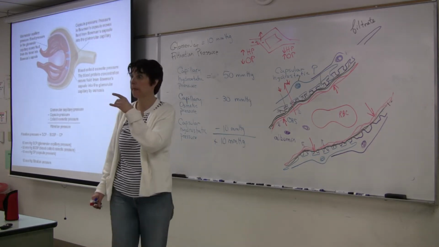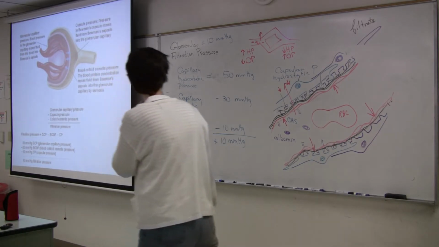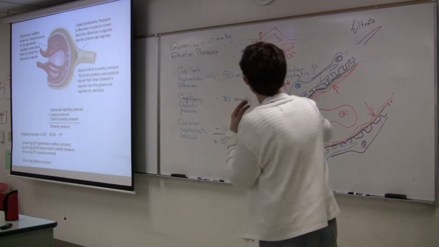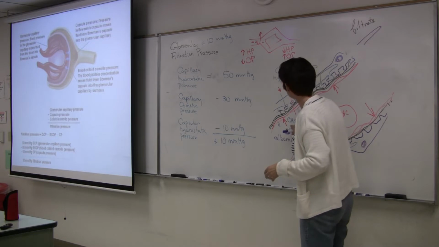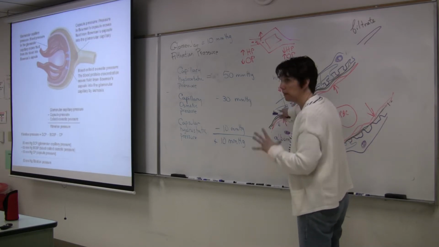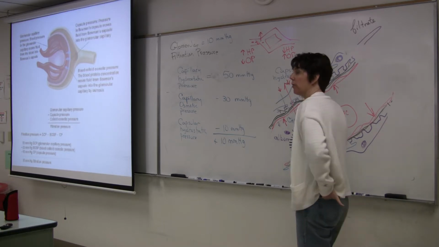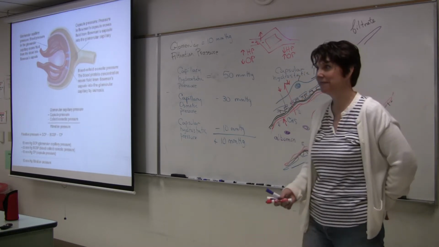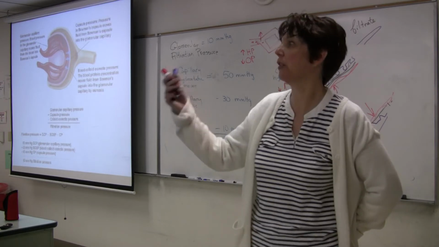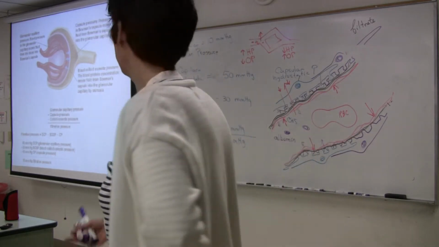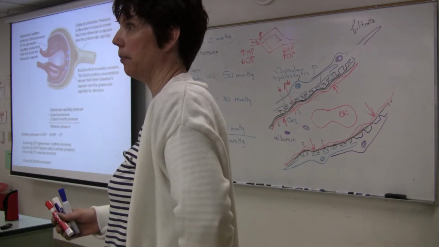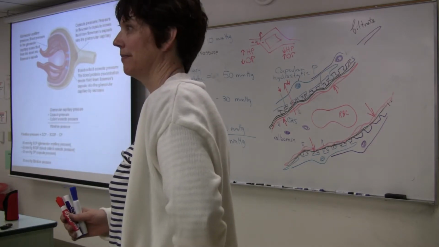Is there a question? Yeah, in the capillaries, the CHP? This is the capillary hydrostatic pressure, the blood pushing against the capillary wall, okay? So as we increase blood volume in the body, or we increase cardiac output, what's going to happen to capillary hydrostatic pressure if nothing else changes?